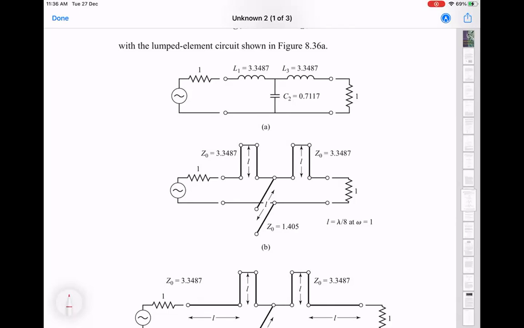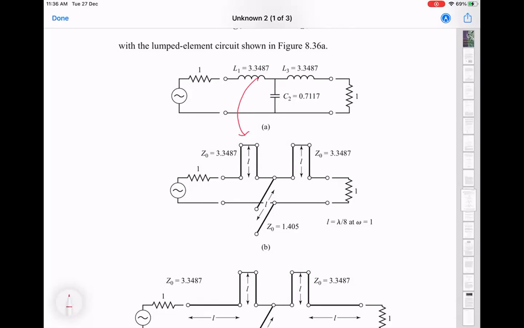So here's an example of what these filters might look like. Here you have the lumped element version in part A, and then you see that this L here has been replaced by this shorter section of transmission line. Same for this one.